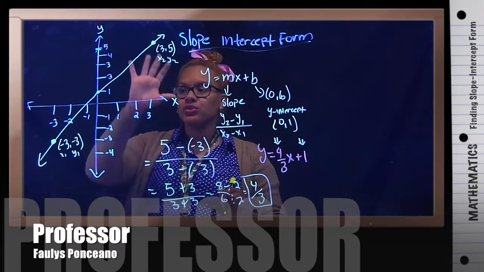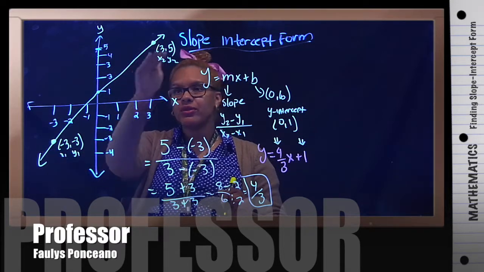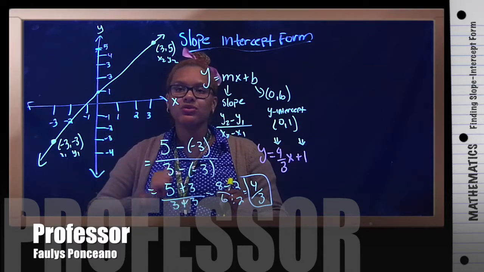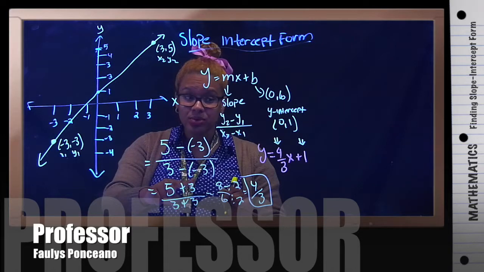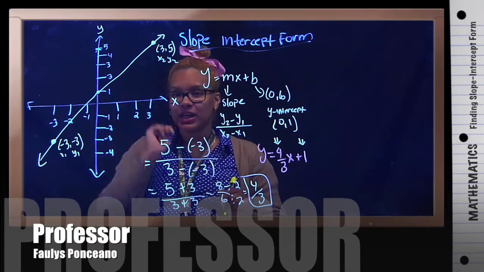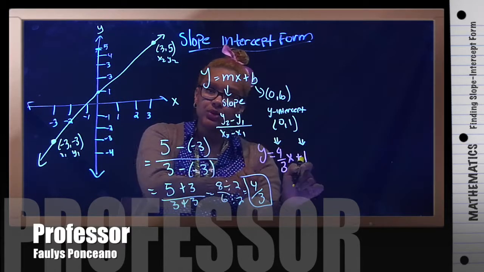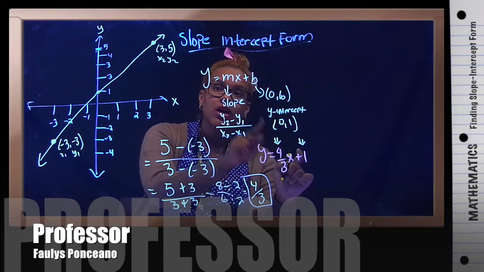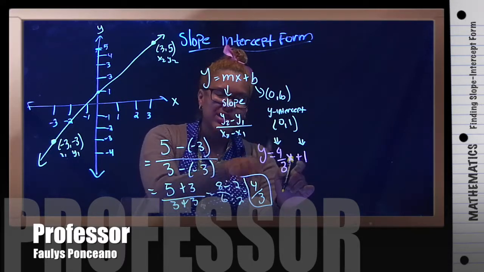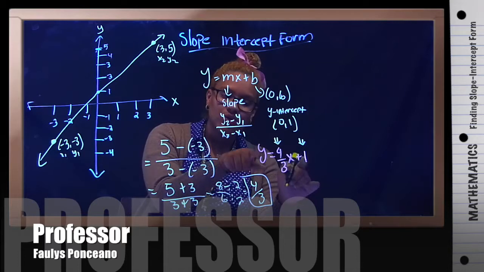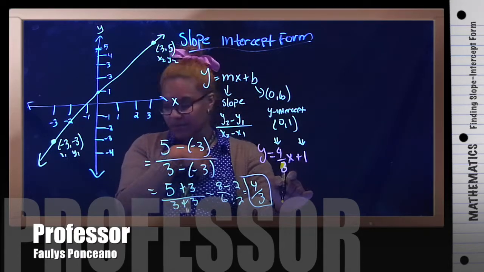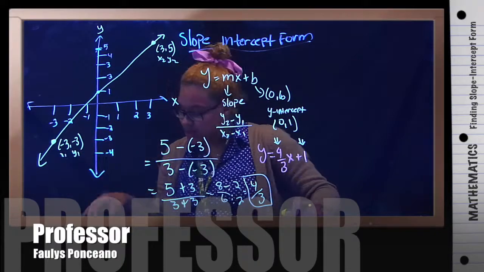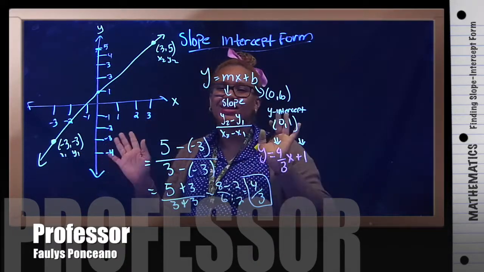Okay, so you were given a graph with a linear line and you were asked to find the equation of that line. You found your slope and you found the y-intercept. You substitute those 2 values into your formula, and that gives you the linear equation.